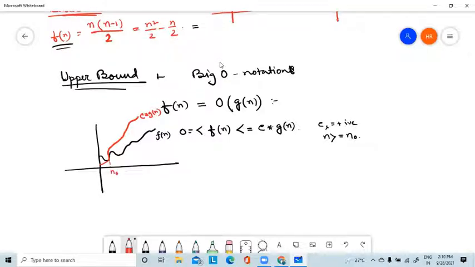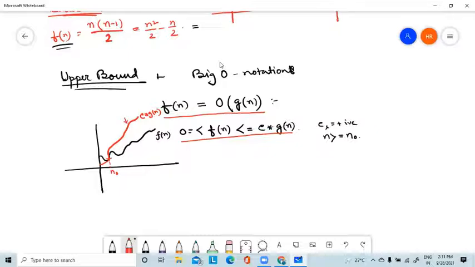Before this n0 value, this black curve f(n) is greater than c into g(n). But after this particular n0 value, c into g(n) is always greater than f(n). If this is satisfied, then we can say that f(n) is equal to O of g(n), and this is the upper bound of the algorithm.